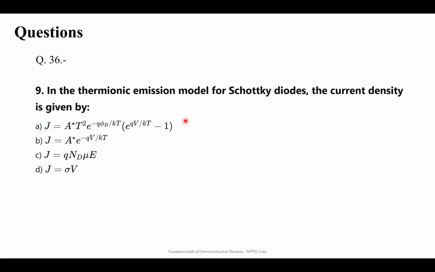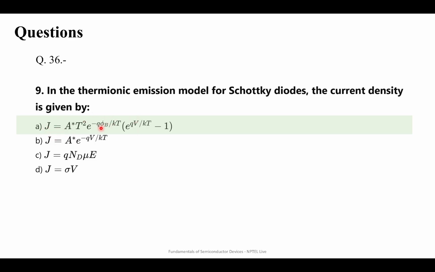So you see, this is your current equation in the Schottky barrier diode. This whole part is known as your reverse saturation current, which is constant for any reverse bias until breakdown, and this part is your forward bias current equation. In case of reverse bias, you call this I naught.